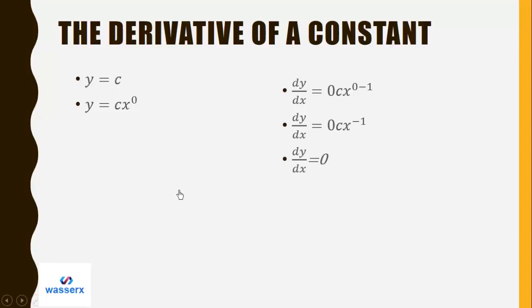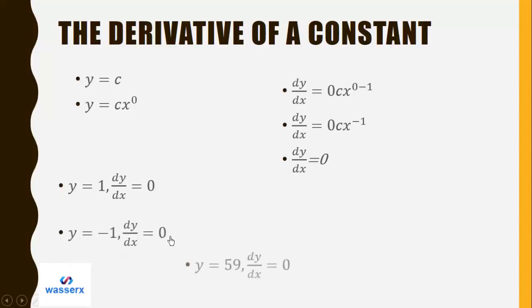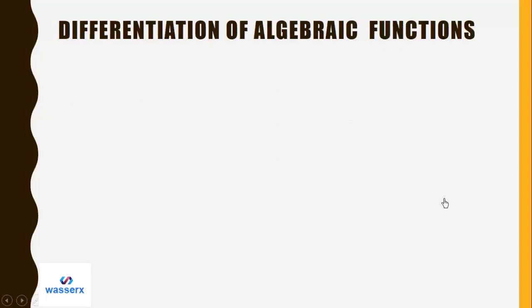Any constant at all. So if y equals 1, dy/dx equals 0. If y equals negative 1, dy/dx equals 0. If y equals 59, dy/dx equals 0. In fact, for any constant you can think of, dy/dx will give us 0. Now, the rule applies to a function of the form ax to the power n.